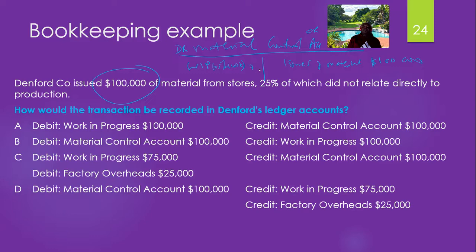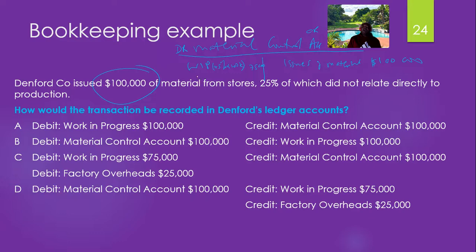So obviously 75,000 was for work in progress. That's production. When you're talking of production, we are referring to work in progress. That's the technical jargon for accountants. Work in progress, that's the name of the account.